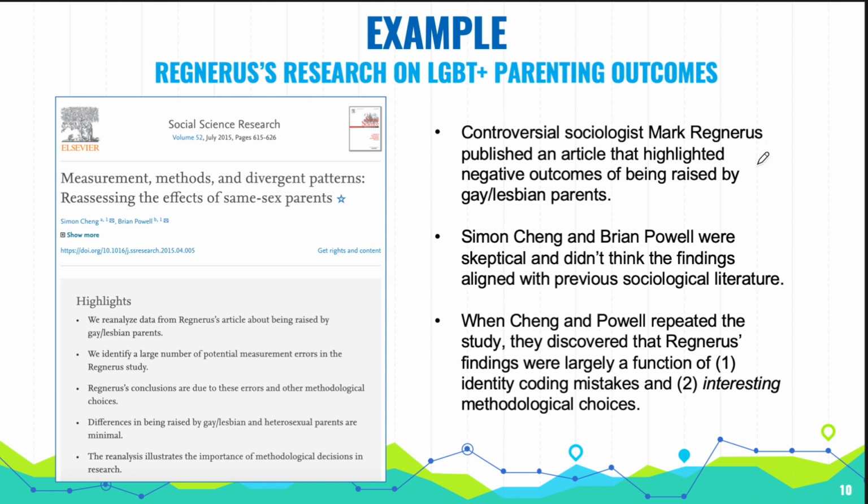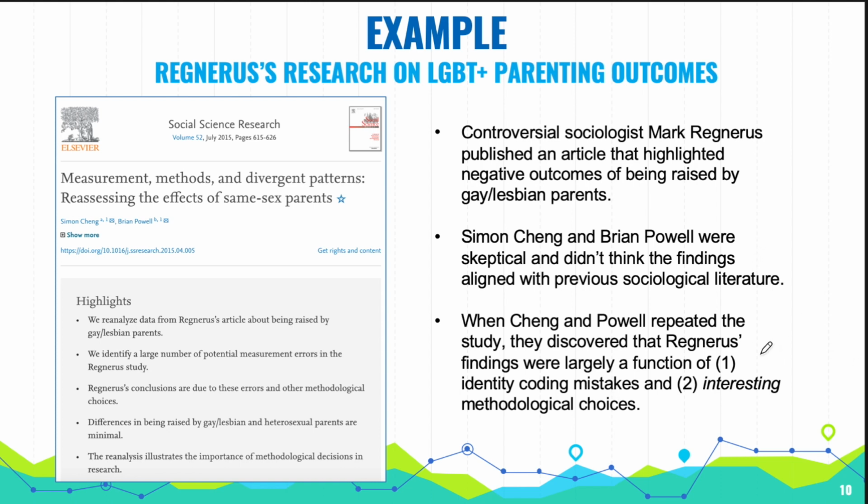So what can you do as a sociologist? Well, Cheng and Powell were among other sociologists who were skeptical of these findings, especially because they were aware that these findings contrasted a lot with the previous sociological literature and expertise that's already been developed in the field. So they thought, okay, well, let's repeat the study and be very careful in replicating these results.